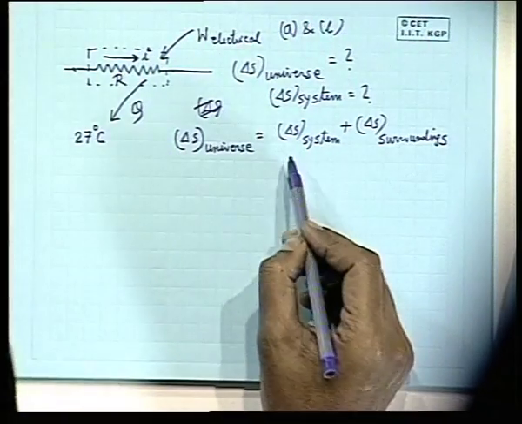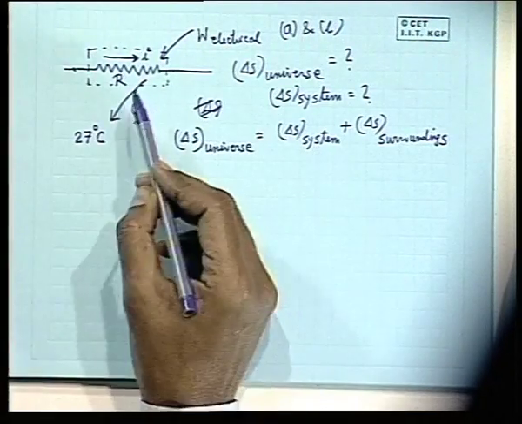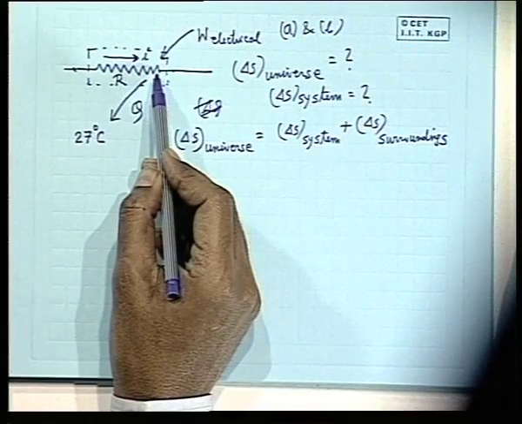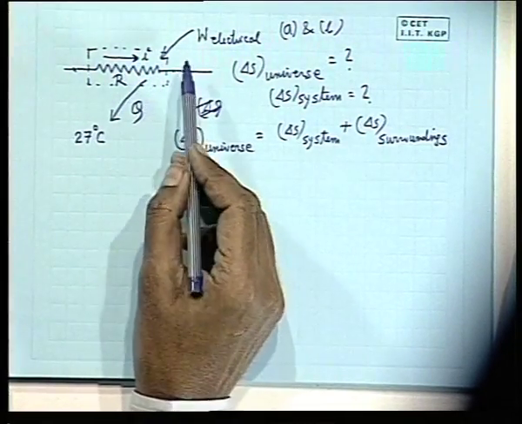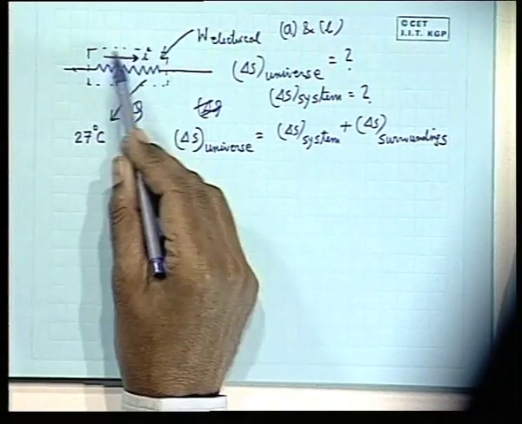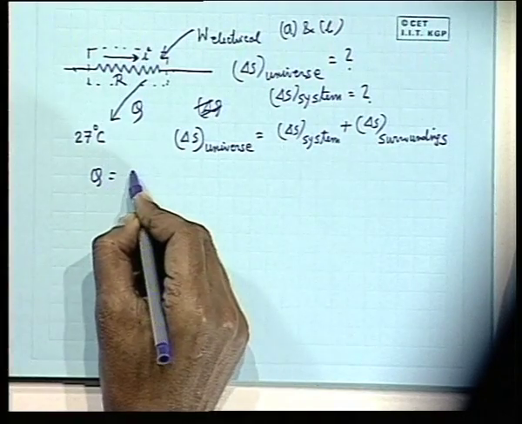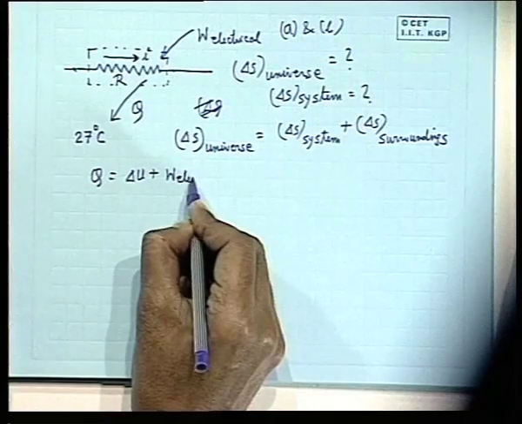Now you see, in this case, what is delta S system? Delta S system is 0. Why? Because the resistor is at the same state, the steady state, so no property is changed for the resistor. Now, if I write the first law of thermodynamics, Q is equal to delta U plus W electrical.